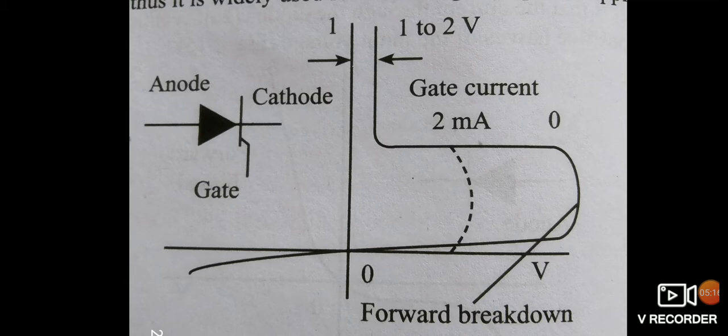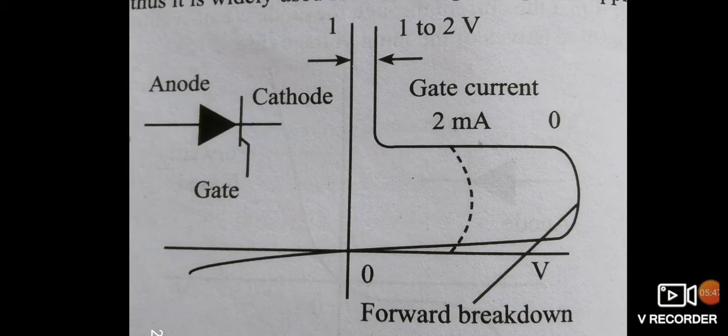With the gate current 0, the thyristor passes negligible current when reverse biased. When forward biased, the current is also negligible until the forward breakdown voltage is exceeded. When this occurs, the voltage across the thyristor falls to a low level, about 1 to 2 volts, and the current is then only limited by the external resistance in the circuit.